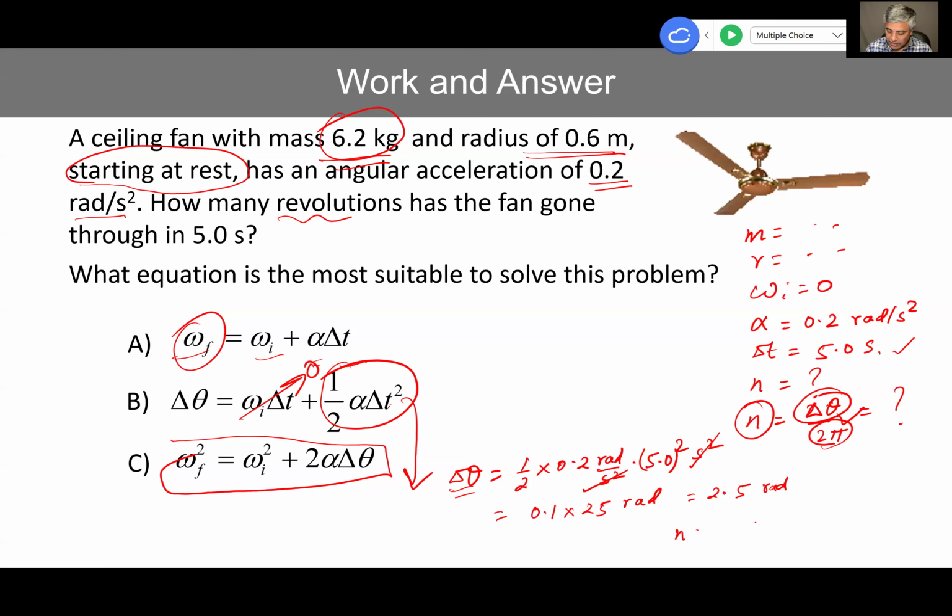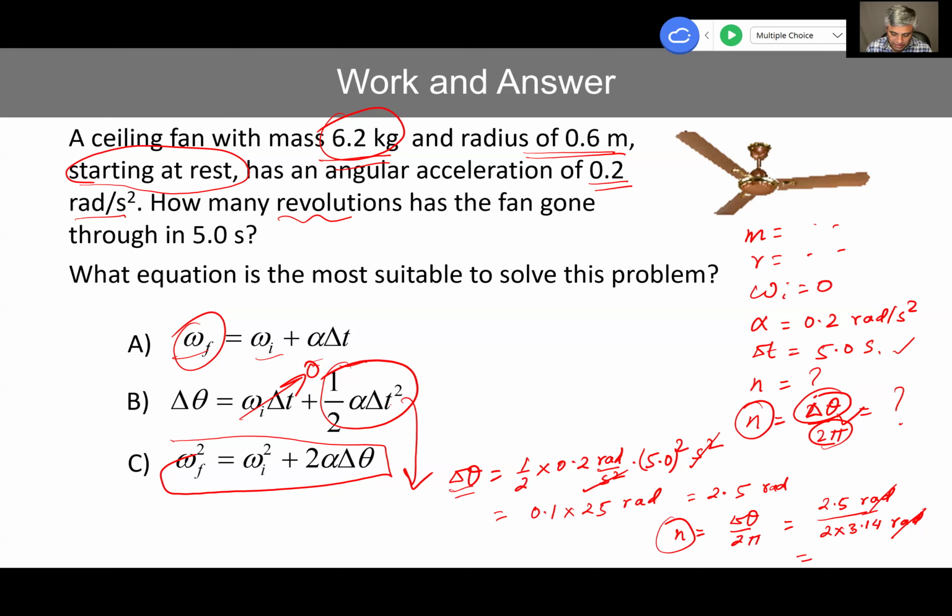So now n is delta theta over 2 pi. Oh, it's going really slow at the beginning, huh? Delta theta is 2.5 radians, and 2 times 3.14 radians for the 2 pi. So radian cancels. The number of revolutions is just a number.